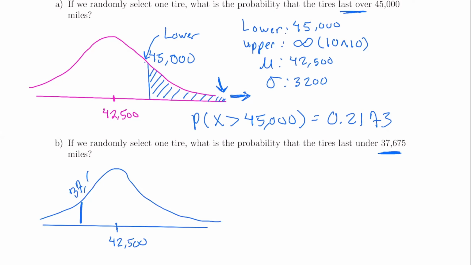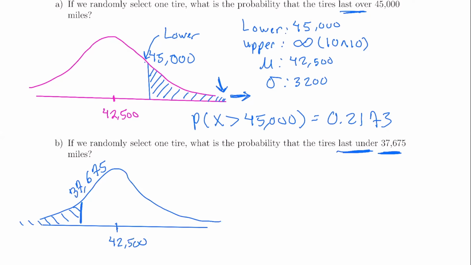We want it to last under 37,675, so that means the number should be below it, so you shade the left-hand side. So far, any question on why I shaded the left-hand side?